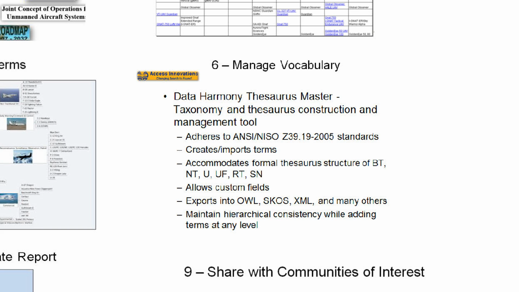It really helps, and I'll talk about this later, how helpful this was in working with SMEs. And then at this point, when you've got an Excel file of 200 to 500 lines, you can't manage it very well. And this is where we needed to find a tool, and we used Data Harmony Thesaurus Master. Not only helped us organize it, but it has a very nice graphical user interface, and it helps export the terms.